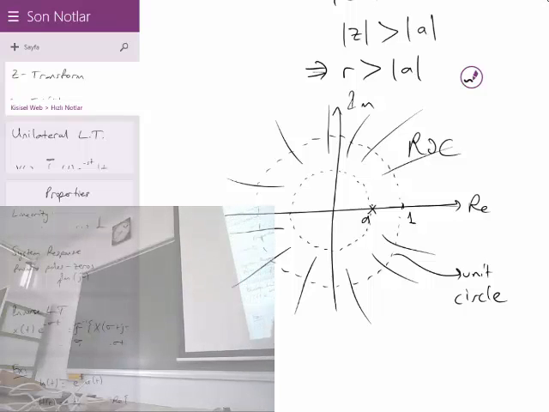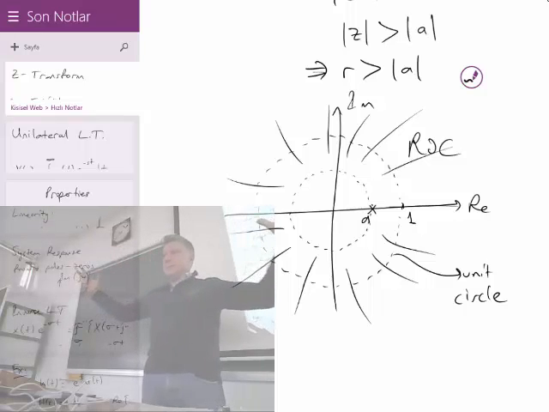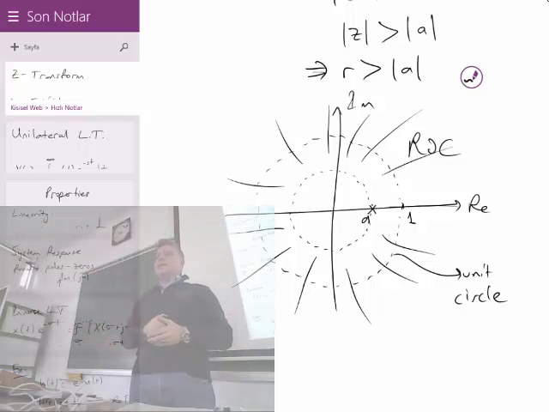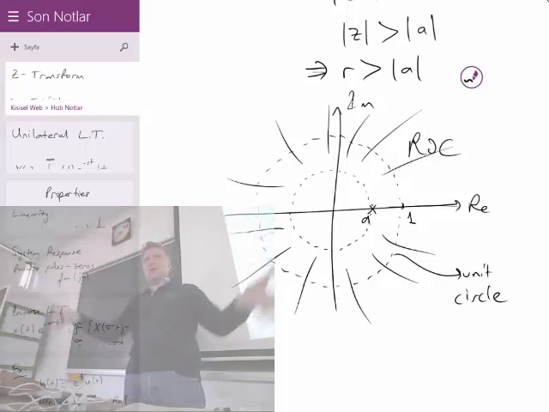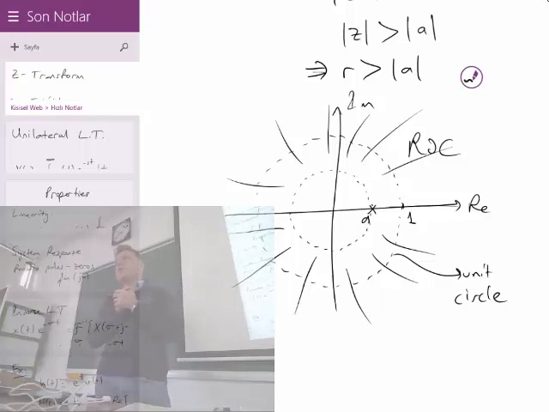And it happens if a is less than 1 in magnitude. If a is greater than 1 in magnitude, if 1 is here and a is somewhere over there, then the outside of that circle will not include the unit circle. The unit circle will be outside of the region of convergence. The region of convergence is everywhere there, and the unit circle is inside a portion where it doesn't correspond to the region of convergence. Then the Fourier transform will not exist.